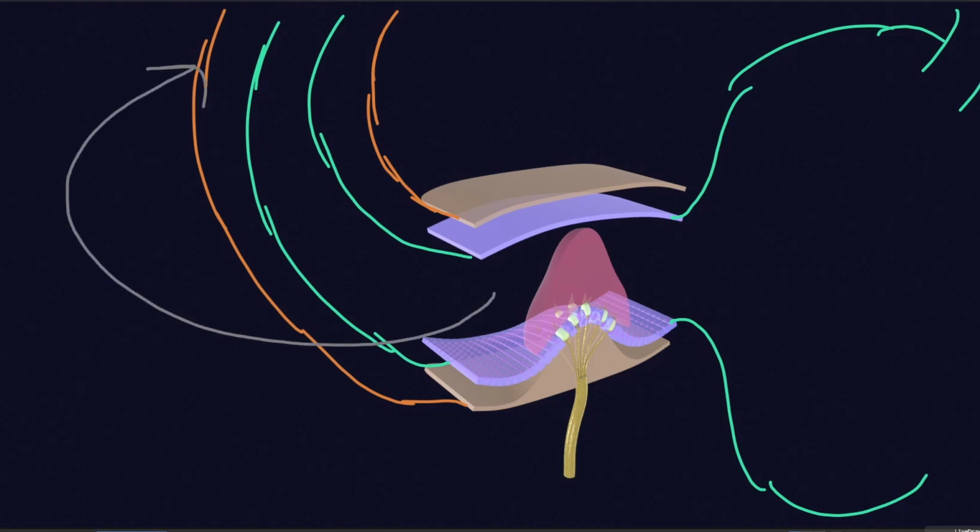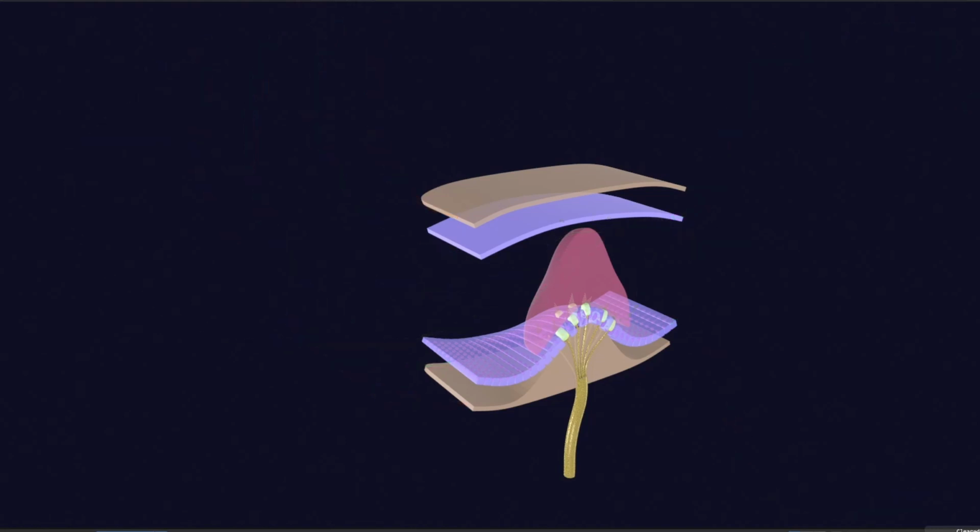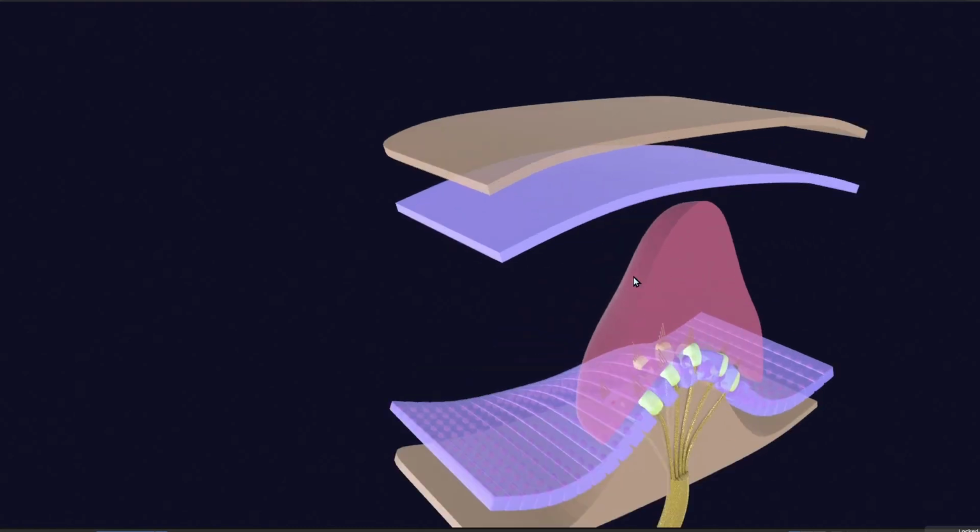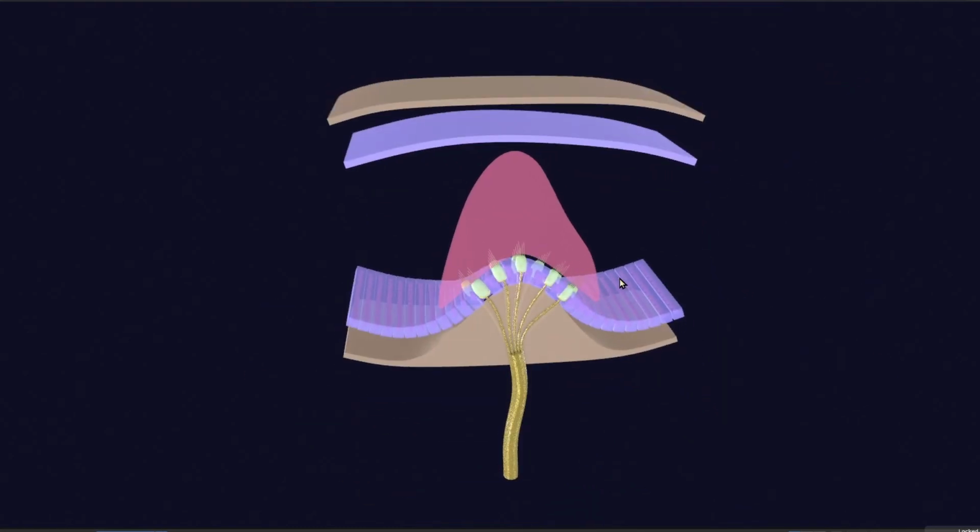The fluid from the semicircular canal will try, due to inertia, to rush into the utricle like this, and the cupula will be rotated. The cupula is almost touching the roof here. So as the fluid rushes here, it will tilt like this. Let me show you the animation, and then you can easily understand how it is working. So let's watch the animation. So here you can see what will happen, that it will rotate.